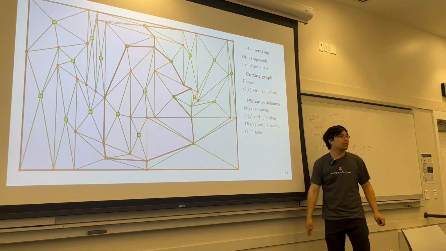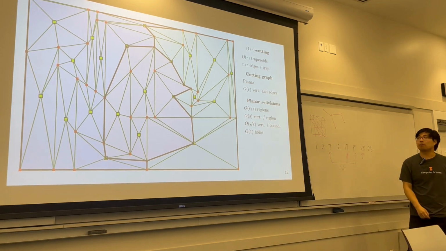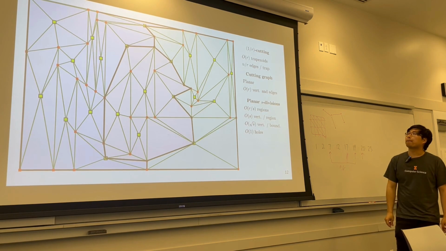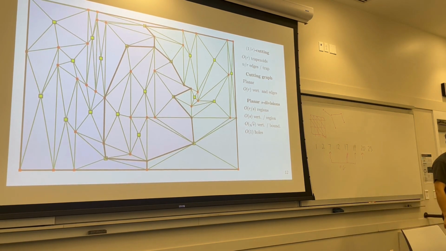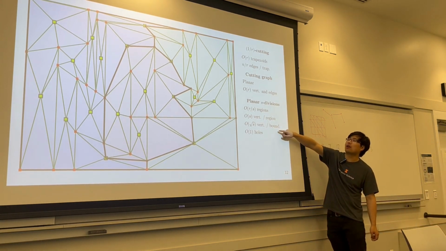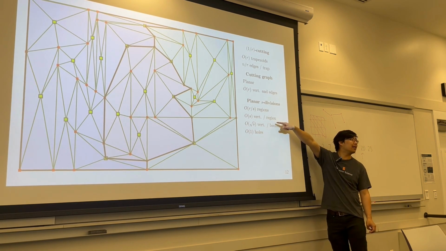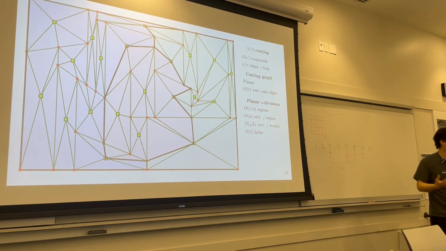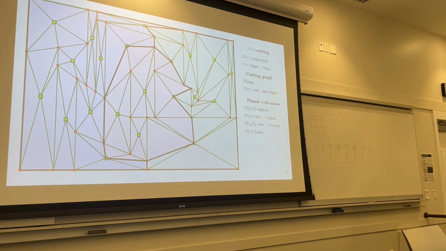For technical reasons, there might be some holes, but that's okay. We're going to really exploit the fact that there are fewer vertices on the boundary than there are inside, and that's where we'll be able to gain something, where we'll be able to sparsify in some way.